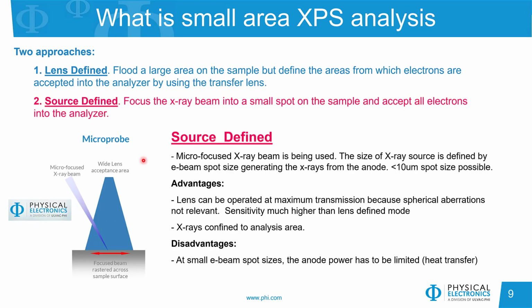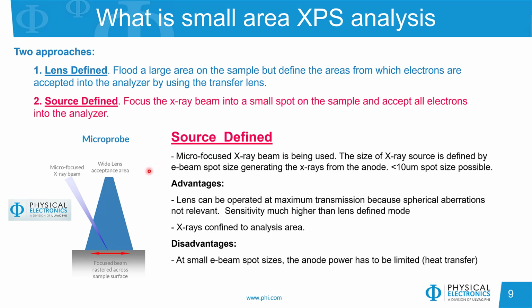The second approach, and this is the approach that all of the 5 instruments use, is source-defined. In this approach, we are using a micro-focused X-ray beam, and that is what determines the size of our analysis area. The size of the X-ray source is defined by the electron beam that generates X-rays from the anode. In this approach, small area analysis as small as 10 micron is possible.